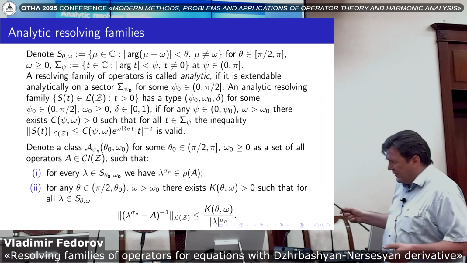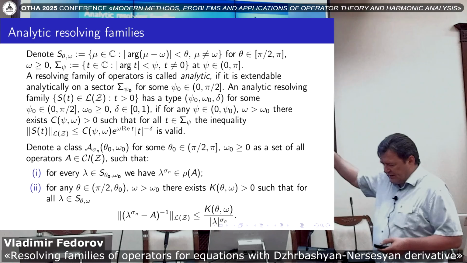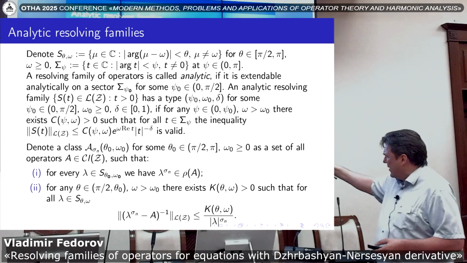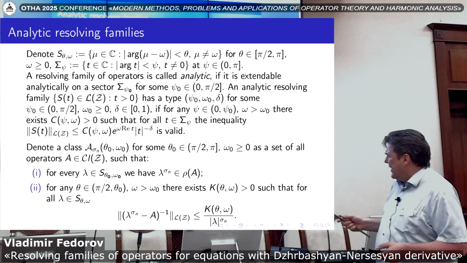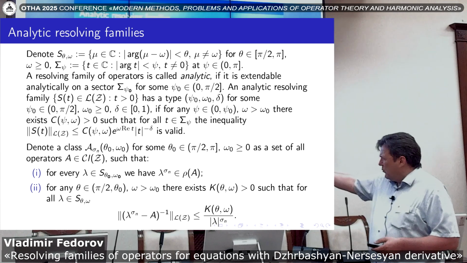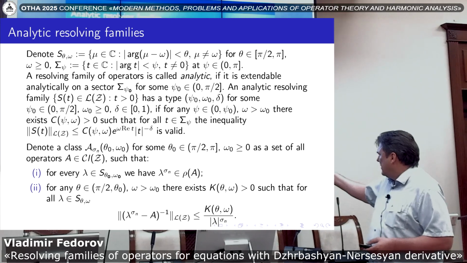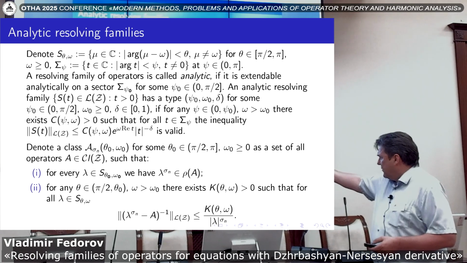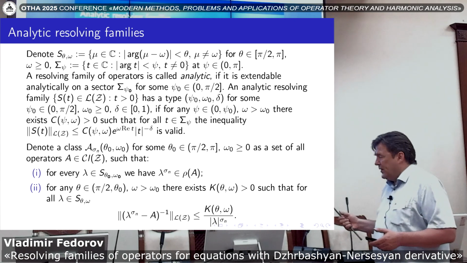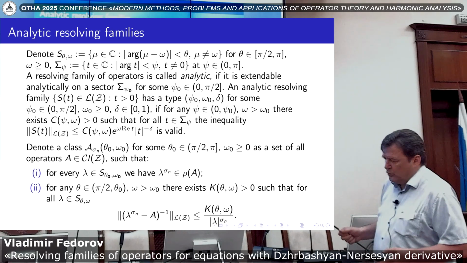It is a set of linear closed operators such that for every lambda from such a sector in the complex plane, lambda to the power sigma n belongs to the resolvent set of operator A, and for any theta between these two numbers and omega greater than omega 0, there exist constants such that this inequality is valid.